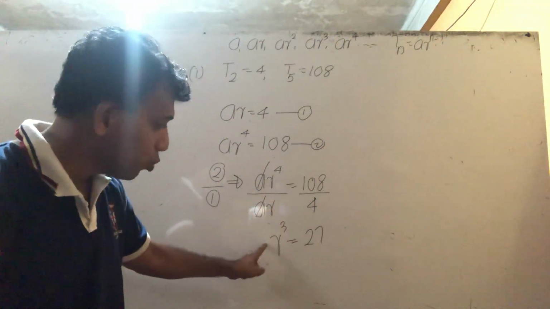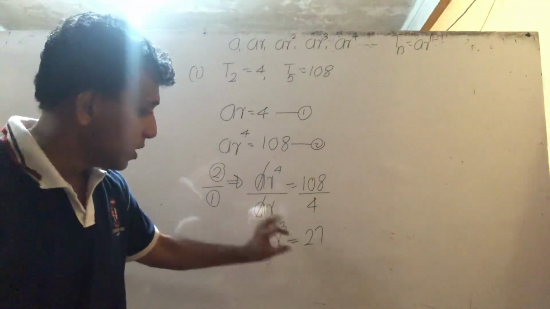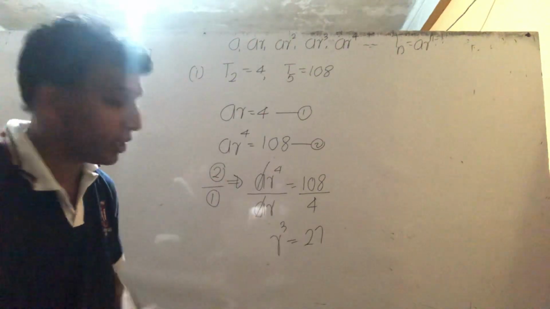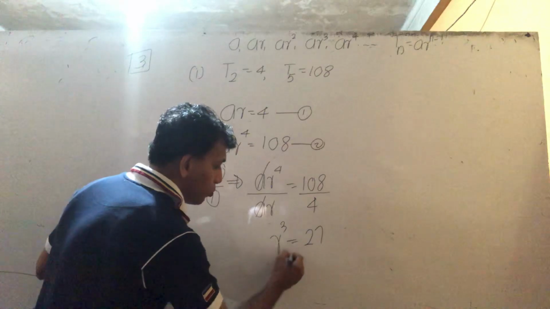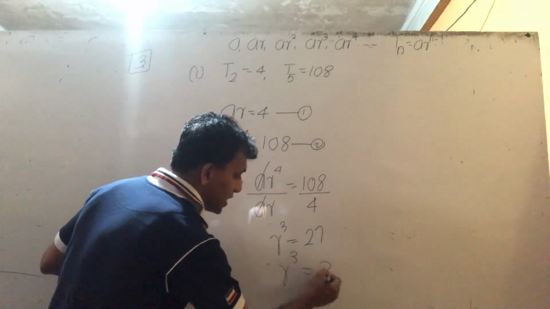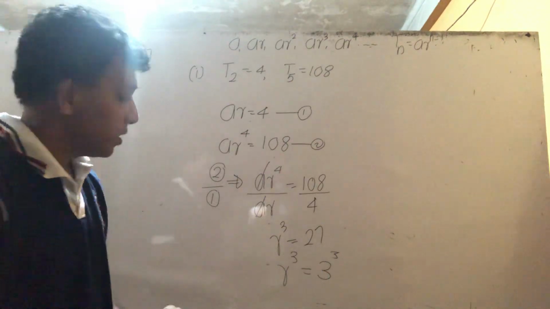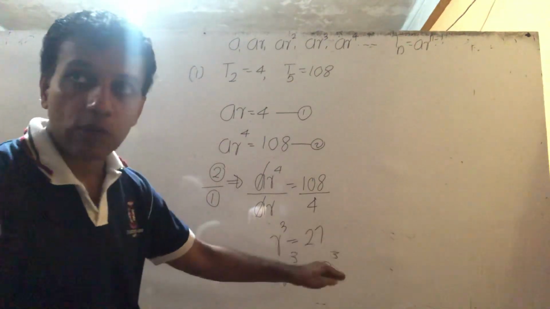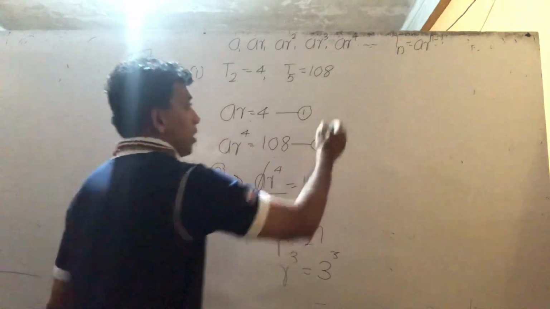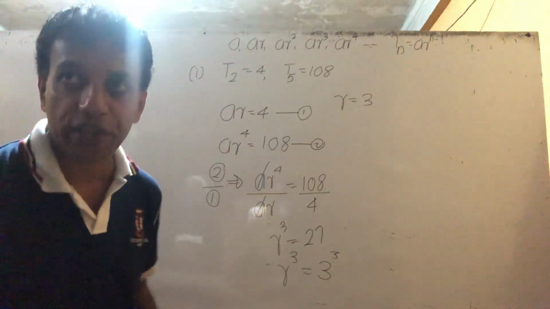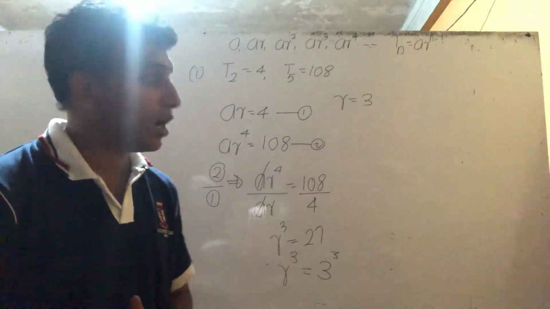Here r cubed is 27, and we have a power 3, so show 27 also as a power 3. Therefore r cubed equals 3 to the power 3. The powers are equal, so the bases are equal: r equals 3. We found the common ratio.